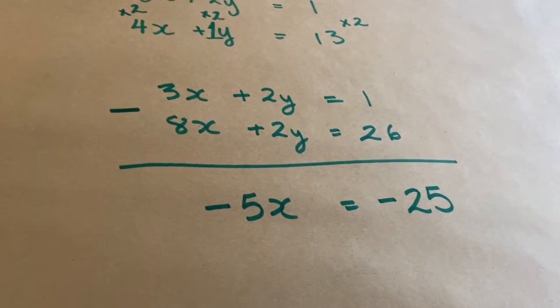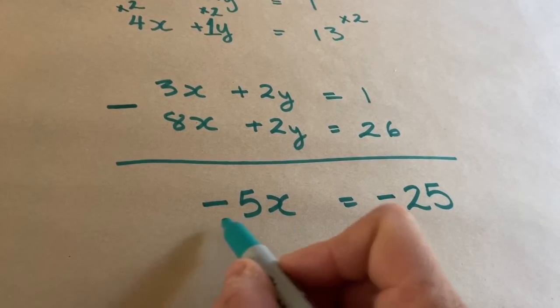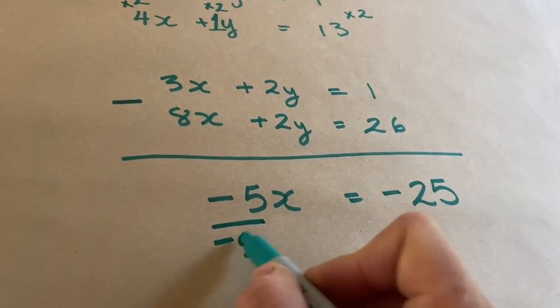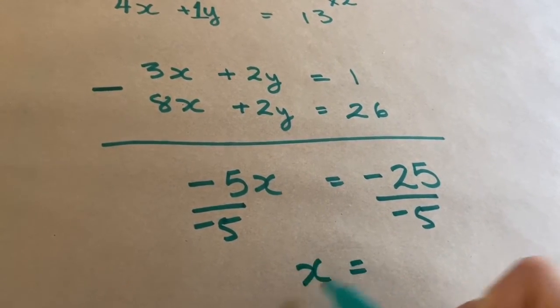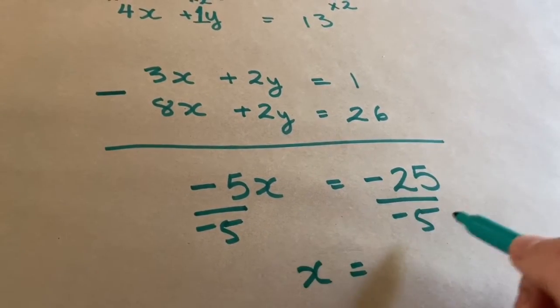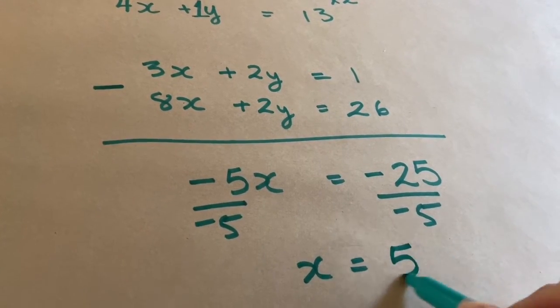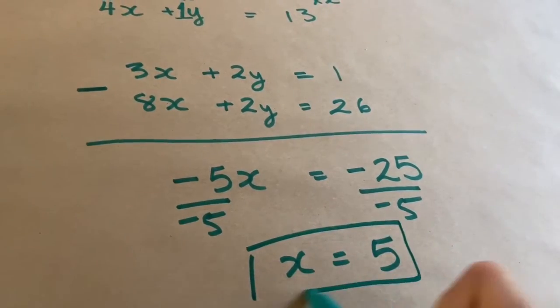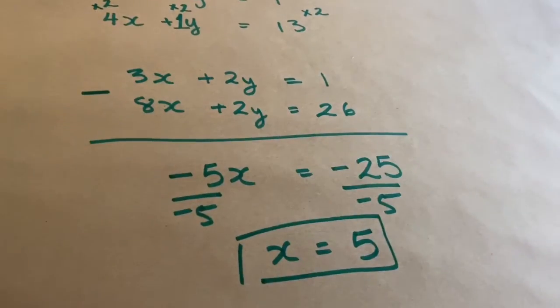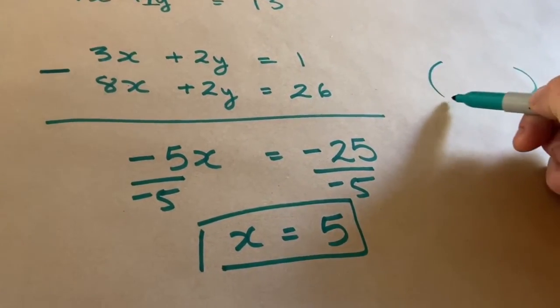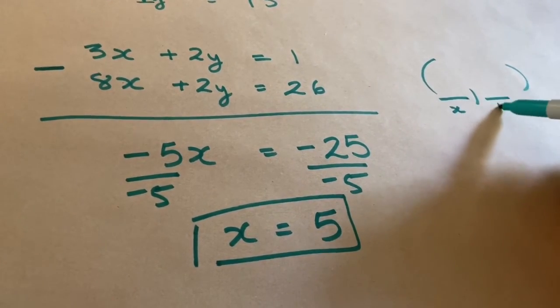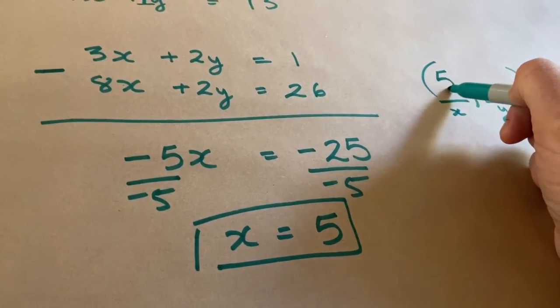And then what I want to do is get my x all by itself. So I need to divide by -5, divide by -5, and -25 divided by -5 gives me 5. That means my solution to the system of equations, or the intersection point, if I were to write it, first you write the x and then you write the y, the first number should be 5.